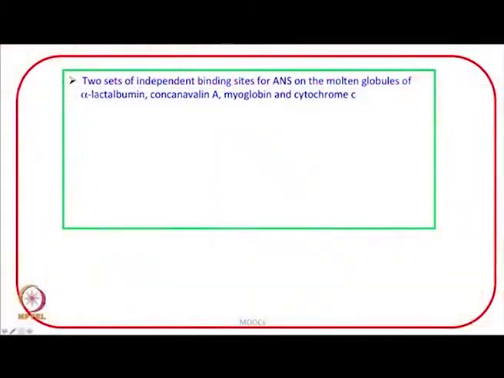Based upon the data obtained from literature on the binding of ANS with the molten globule states observed in alpha-lactalbumin, concanavalin A, myoglobin, cytochrome C and a few other proteins, this comment is made: two sets of independent binding sites for ANS on molten globule states of alpha-La, con A, myoglobin and cytochrome C have been observed.